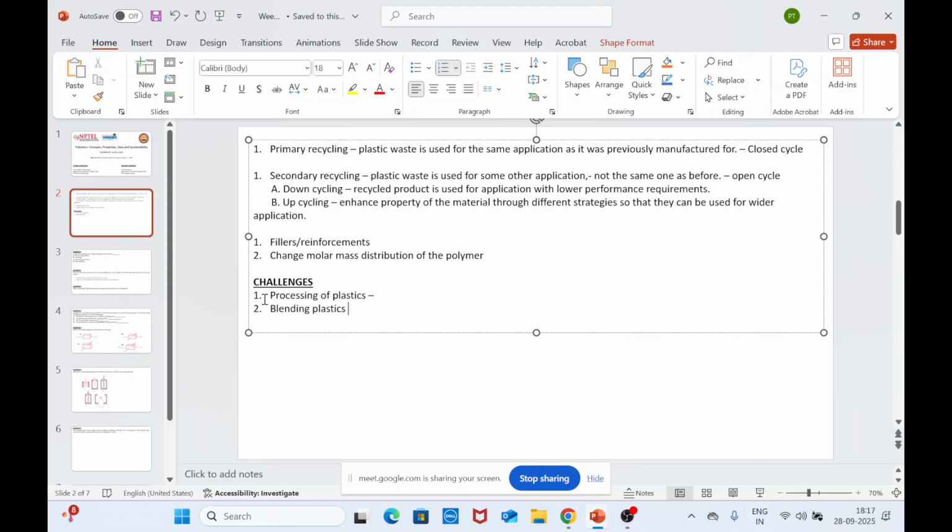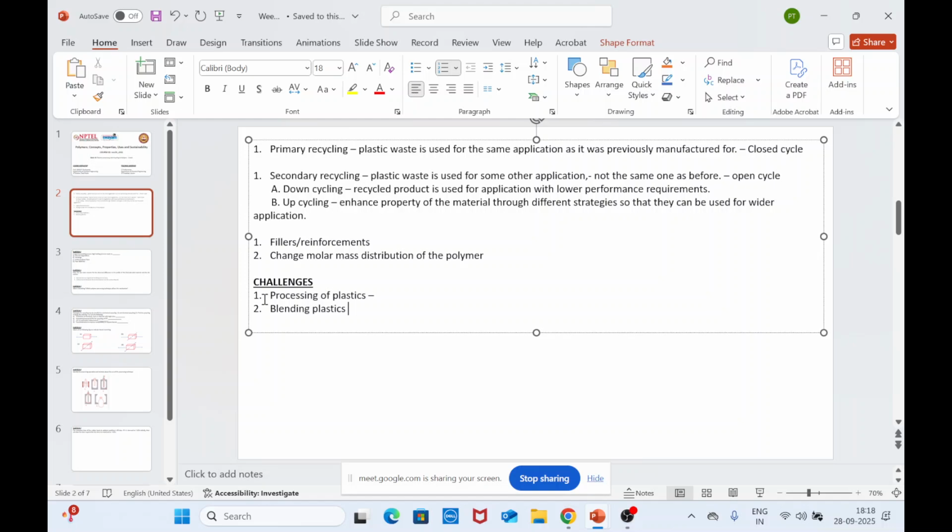Suppose you have a polymer which is hydrophilic and another which is hydrophobic. If you try to blend them, the blend may not be miscible. We have also discussed the concept of miscible and immiscible blends. If you blend hydrophobic and hydrophilic polymers, you can generate an immiscible blend. That is another kind of issue that happens.